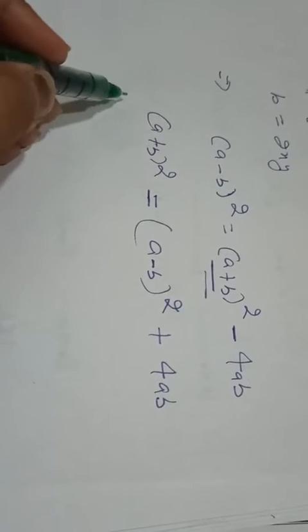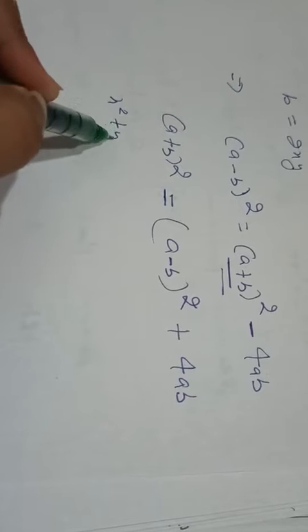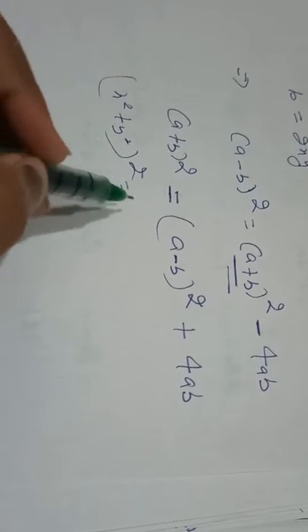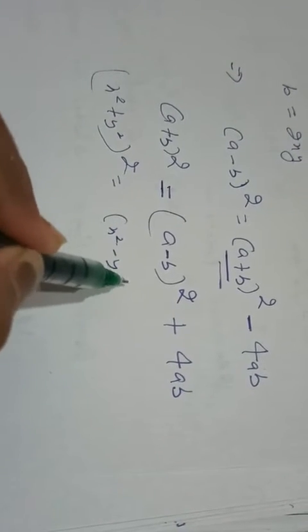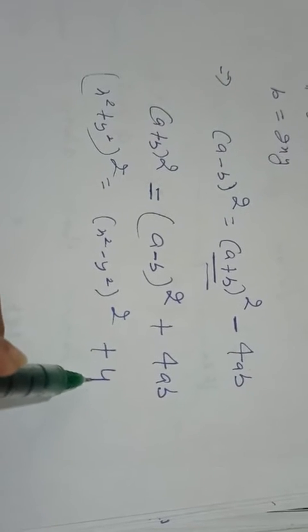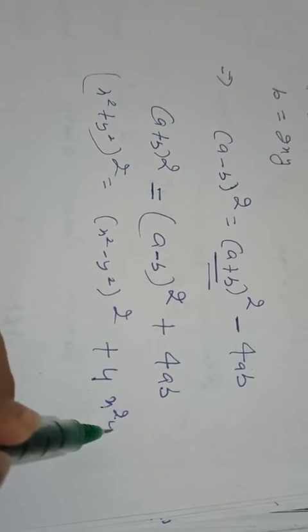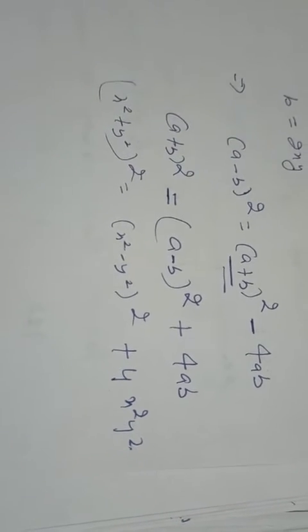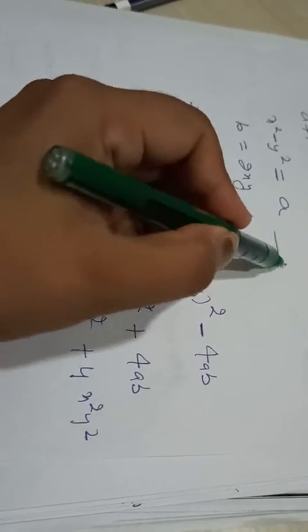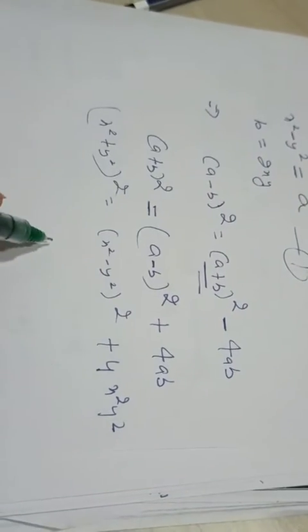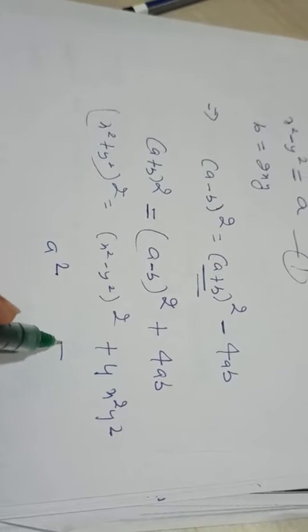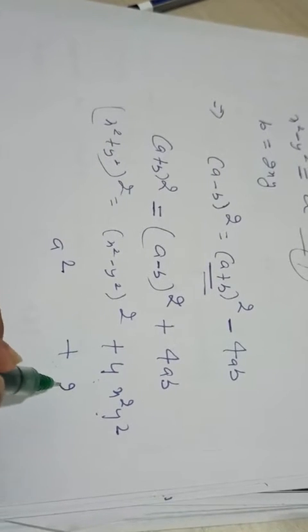So the value of x square plus y square whole square would be the value of x square minus y square whole square plus 4x square y square.